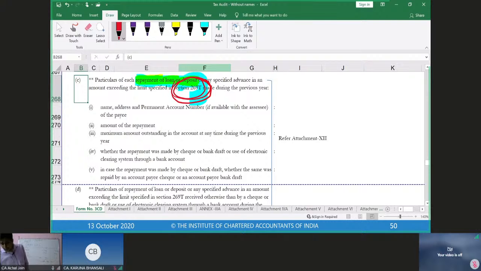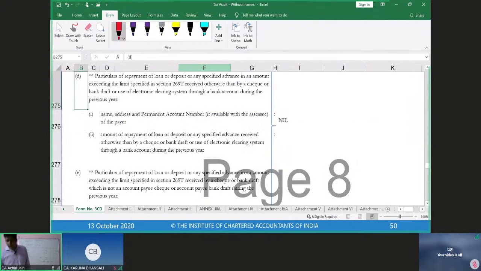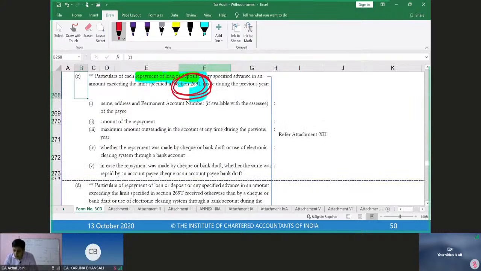So moving on to the next clause. 31D, particulars of repayment of loan or deposit or a specified advance in an amount exceeding the limit specified in 269T, received otherwise than by a check.